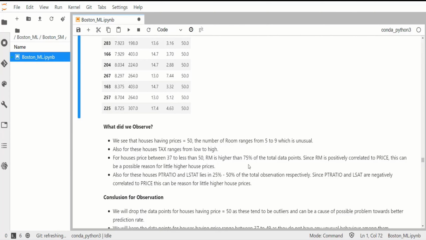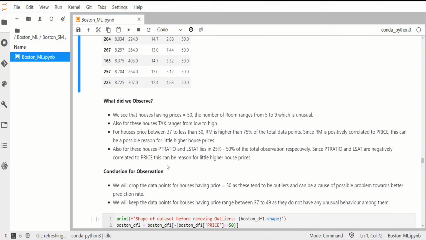Since RM is positively correlated to price, this can be a possible reason for slightly higher house prices. Also for these houses, PT ratio and LSTAT lie in 25% to 50% of the total observations. Since PT ratio and LSTAT are negatively correlated to price, this can be a reason for a slightly higher house price.